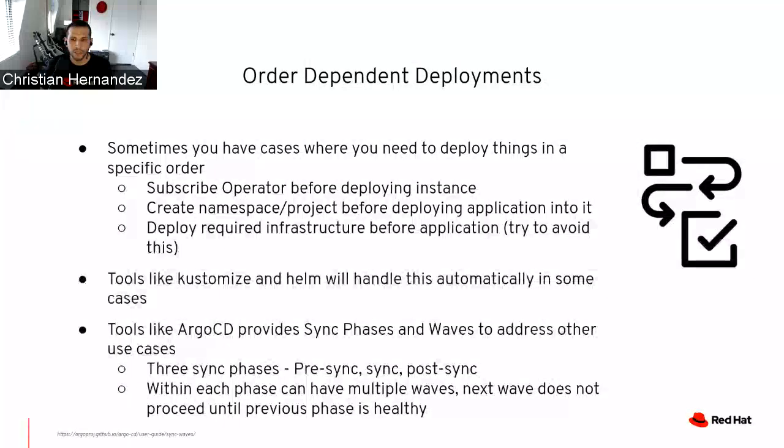So sometimes, what I was saying before about the order of dependent deployment. In OpenShift especially, this becomes a problem because there are things like operators. With operators, you need to subscribe to the operator. You need to create the namespace of the project before deploying the application to it.